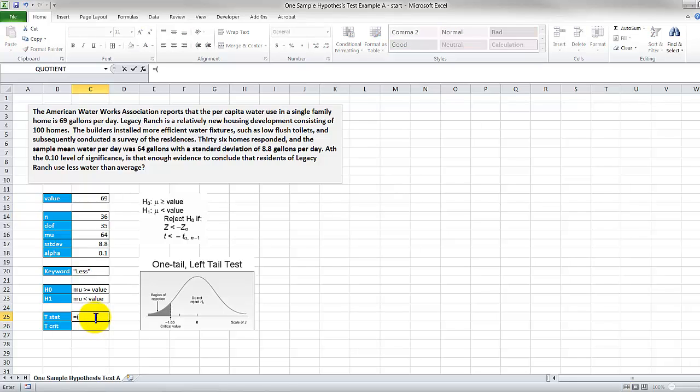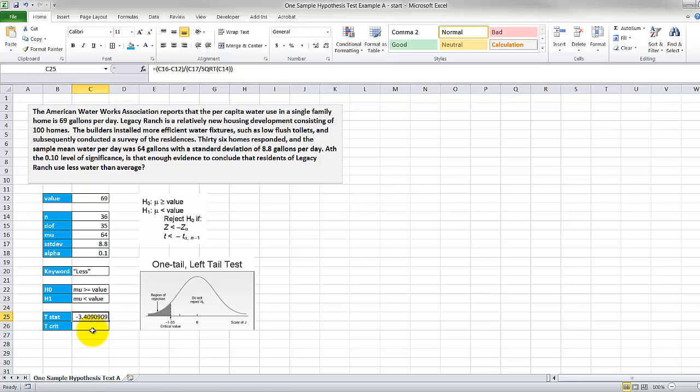So equals, parenthesis, we have the mean from the sample minus the mu of the reported value, divided by the standard deviation, which is 8.8, divided by square root of n, which is 36. Okay, so we get a test statistic of -3.4, which means you are very far away from the mean. 3.4 standard deviations away on the left-hand side, of course, because it's negative.